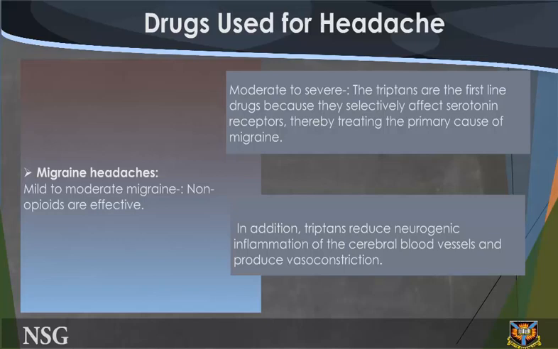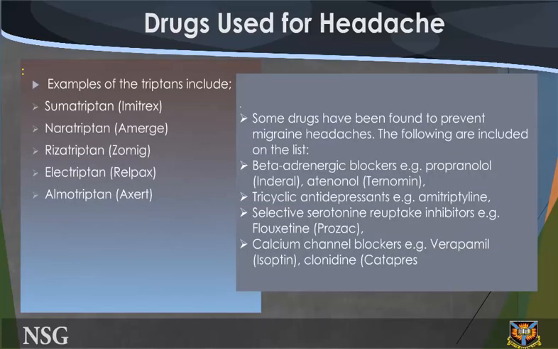In addition, triptans reduce neurogenic inflammation of the cerebral blood vessels and produce vasoconstriction. Examples of the triptans include sumatriptan, Imitrex; naratriptan, Amerge; rizatriptan, Maxalt; zolmitriptan, Zomig; eletriptan, Relpax; almotriptan, Axert.